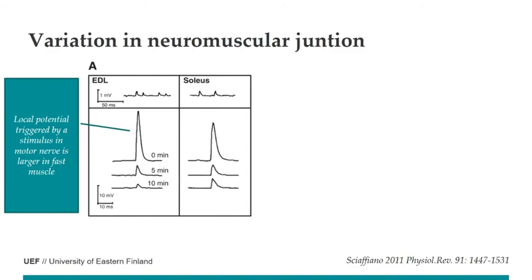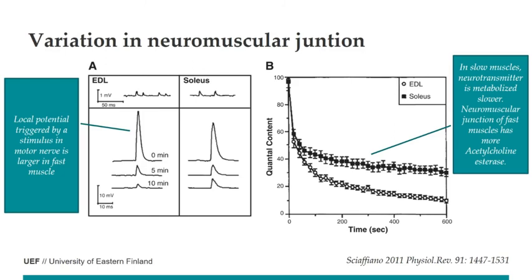So when you are giving the stimulus on the motor neuron to activate it, then with the same stimulus you get a higher change in the postsynaptic membrane in the muscle cell. But in these slow muscles, these neurotransmitters are also metabolized slower. So they are there between the neuron cell and the muscle cell for a longer time.